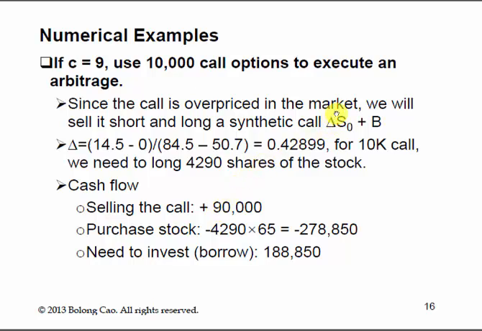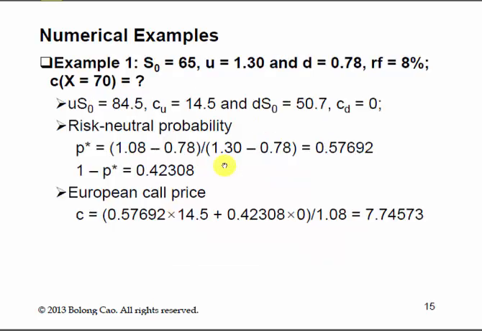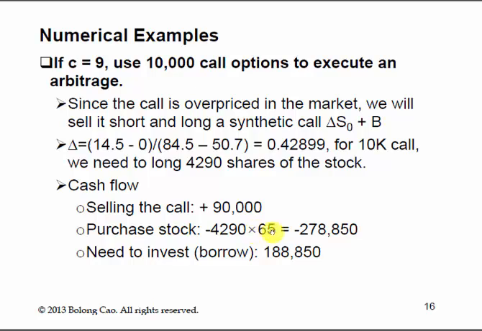And then we need to purchase the stock. That's a long position, 4,290 times the underlying price. To start with, it's $65. So we actually need to spend $278,850 to purchase the stock.